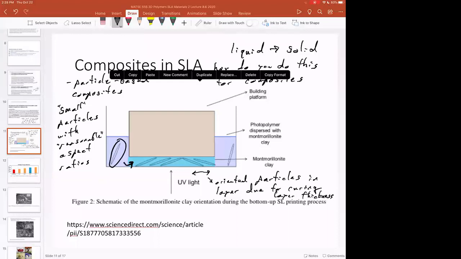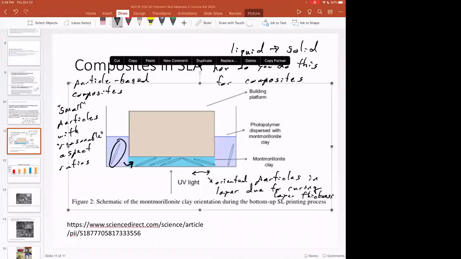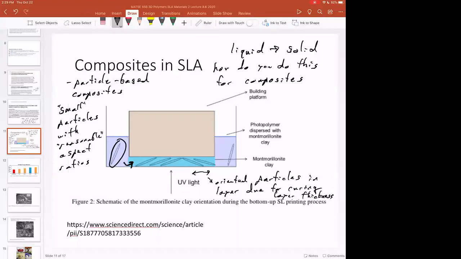So you just can't hope for the best in terms of are the particles going to work or not, but you can take some of these rules of thumb, this qualitative picture of how to do composite SLA, and you can come up with your own composite system to try in this liquid-based printing process. Now, particles really don't work very well in polyjet because it's really hard to jet particles.